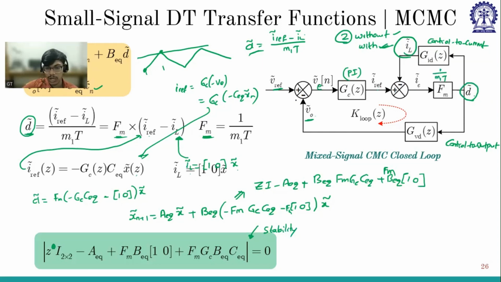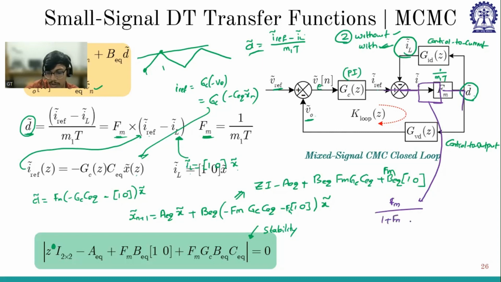Now, coming to the loop transfer function. So there is one loop, right? So what is the loop transfer function of this? If I make it a constant block, what is this G? It will be FM by 1 plus FM GID.